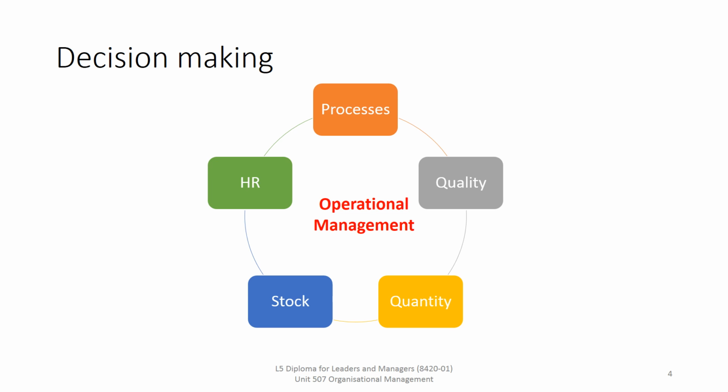So lots of the things we're going to need to be talking and considering about when we look at our operational planning and making decisions to ensure that our operations run smoothly.